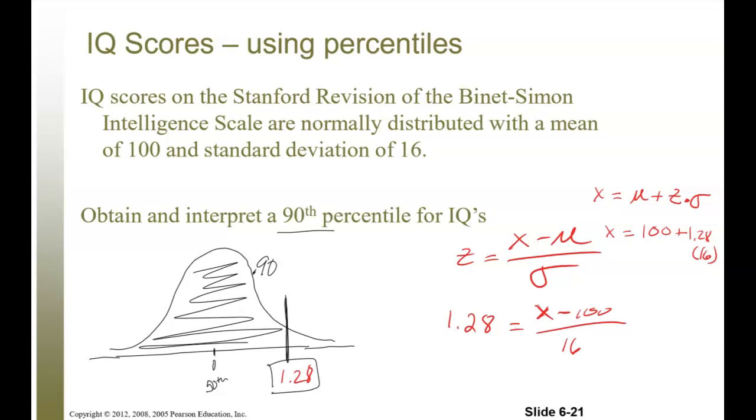Because remember, that's what a z-score is. It tells you how many standard deviations that a particular score is from the mean. And we want to find that particular score. So again, it doesn't matter which of these you solve. If you don't want to use this formula, you could just continue to use that one. Either way, go ahead and figure it out.